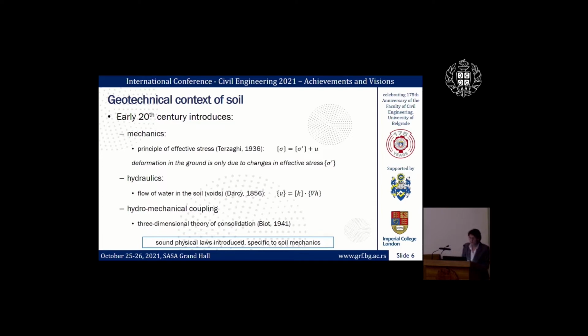The first is the principle of effective stress that came from Terzaghi in 1936, defining that any load, any total stress on the soil, is essentially transferred through the soil in two parts. One is the part that is transferred through the soil particles, and that is what he called an effective stress. The other part of the total stress is transferred to the voids in the soil through water, if we have saturated soil, and that is what he termed a pore pressure.